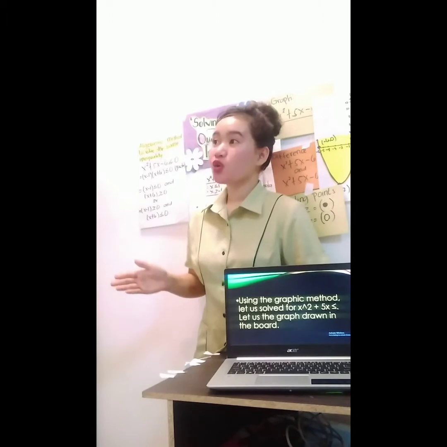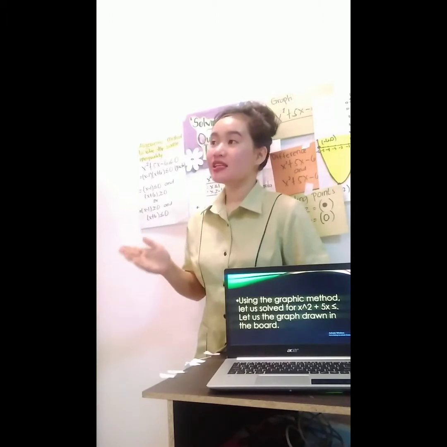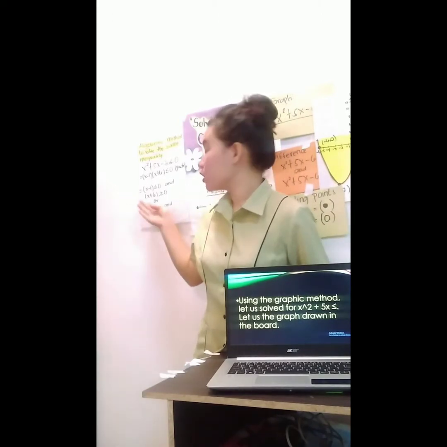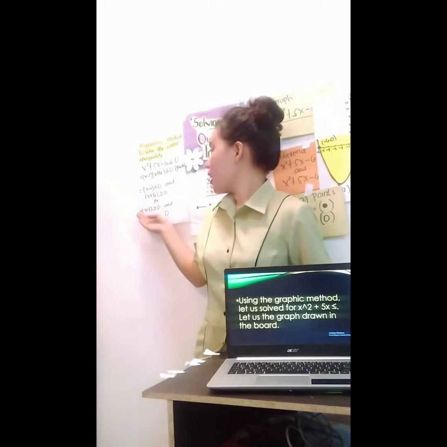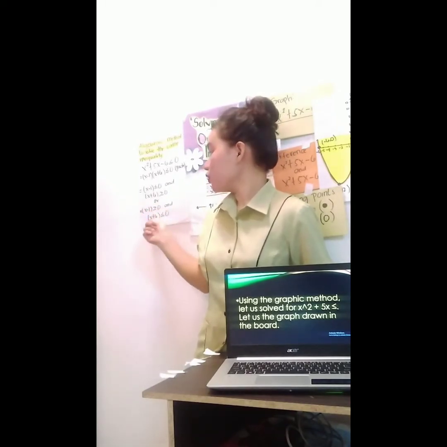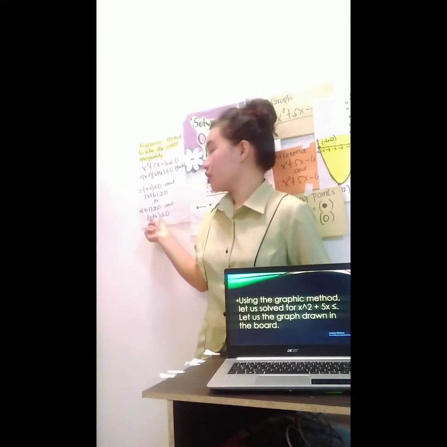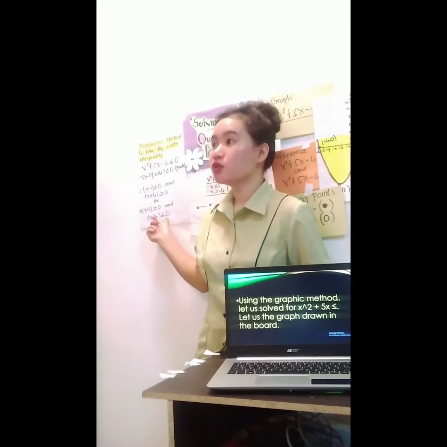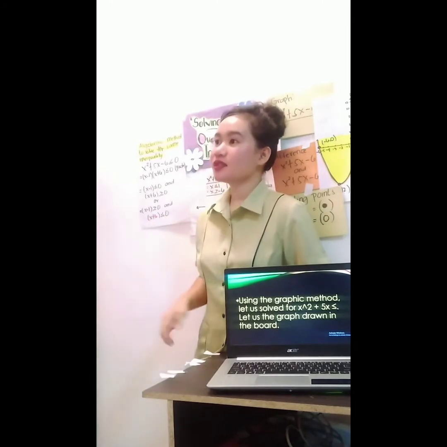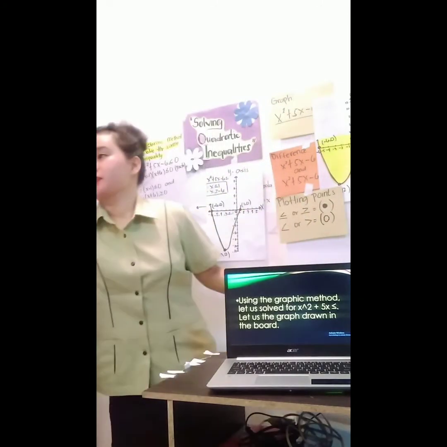Now, there are two ways this product could be less than or equal to 0. x minus 1 greater than or equal to 0 and x plus 6 less than or equal to 0, or the reverse. Okay.